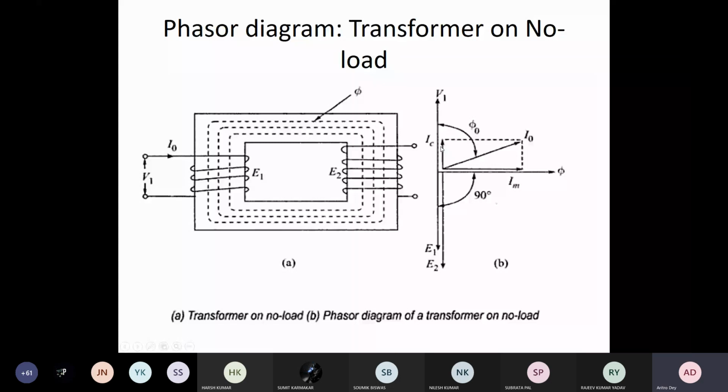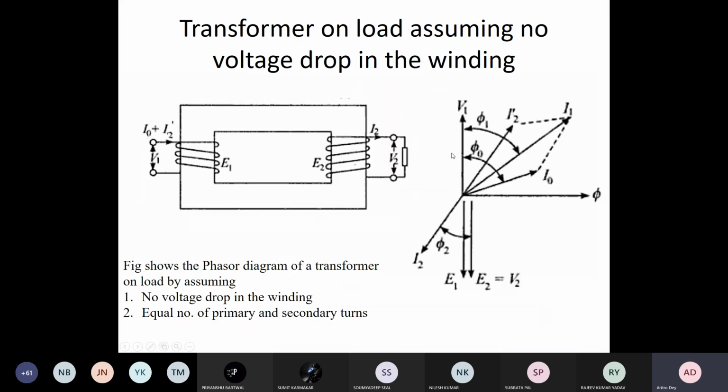This is the non-ideal case, how your phasor diagram changes. And then what is I0, the current required, which is the phasor sum of Im and Ic. And whenever there is a load, how your I2 will change, then how your I1 changes, which is I0 plus I2 dash, that component.